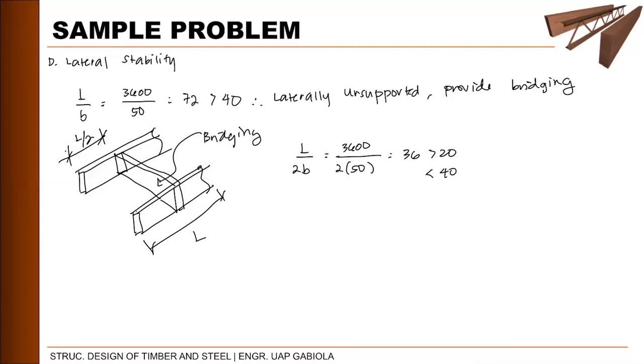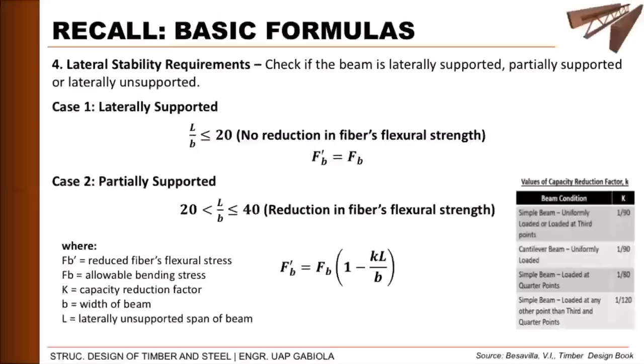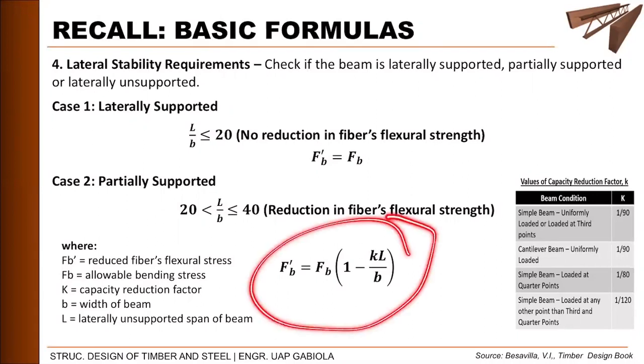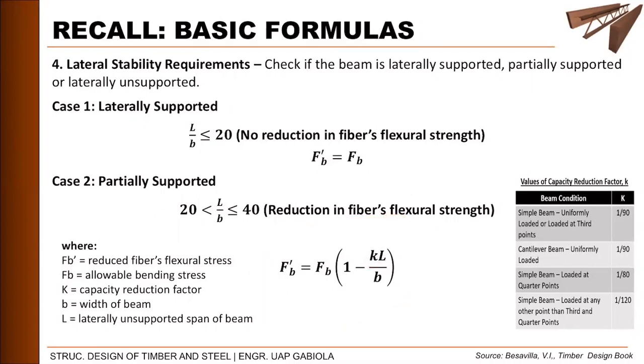Therefore, partially supported. Okay? And ano pag partially supported? Pag partially supported, you need to go back doon sa equation natin for case 2. Ayan. Meron ka ng reduction in flexural strength. Gagamitin natin tong formulang to. And then yung magiging value ng K natin, since we are a simple beam with uniformly distributed load, 1 over 90 yung K natin.